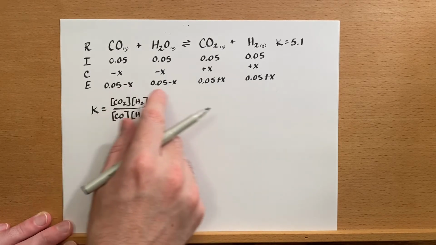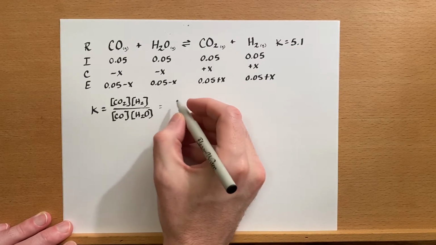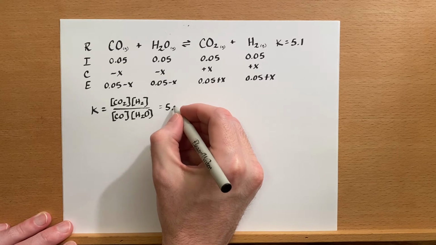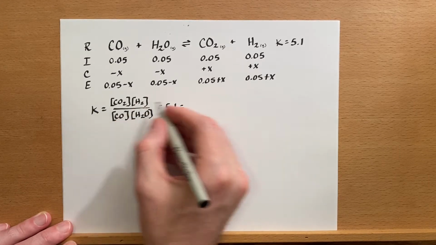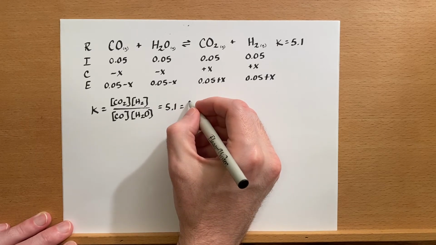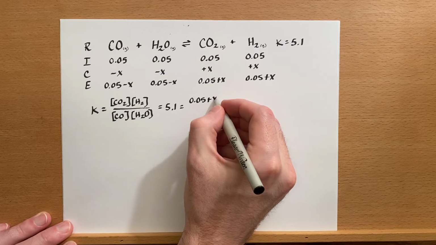Now we'll plug in all of our values, including the value for K. CO2 is 0.05 plus x.